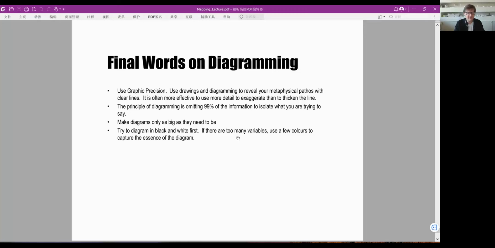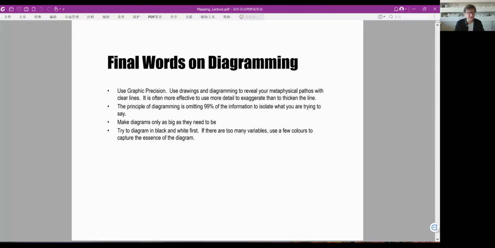It is often more effective to use more detail to exaggerate than to thicken the line. So don't use the big pen, use a very precise pen. The principle of diagramming is omitting 99% of the information to isolate what you are trying to say.